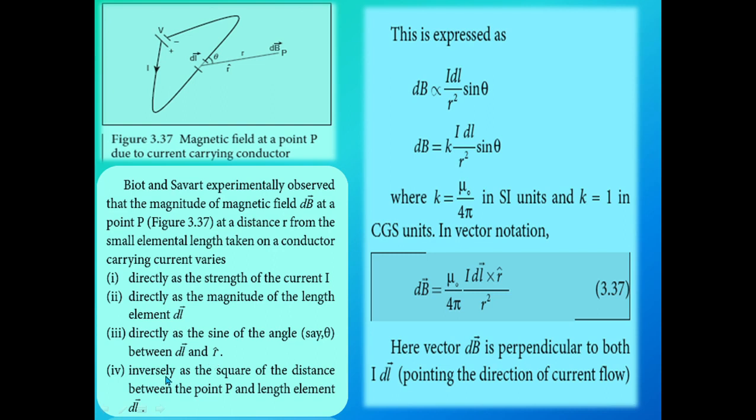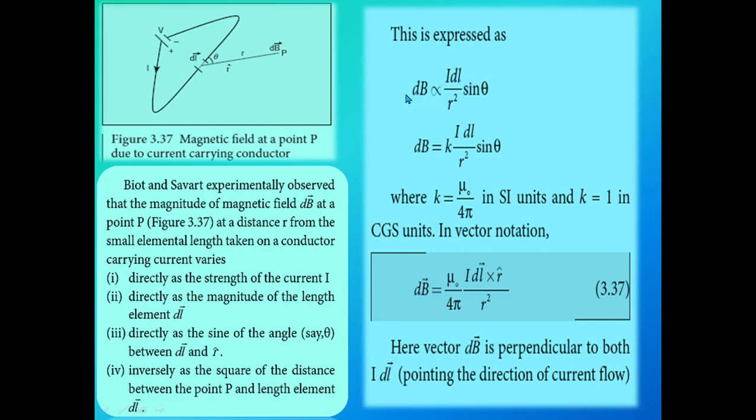The last one is inversely as the square of the distance between the point P and the length element dl vector. From this, we have to explain the definition of Biot-Savart law.